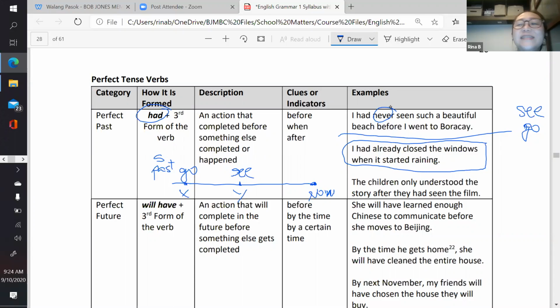So actually, this is the wrong way around. So we include here the never so that it's clearer. And then go. So the fact that the never seeing actually happened before going. Because once you went, you already saw.